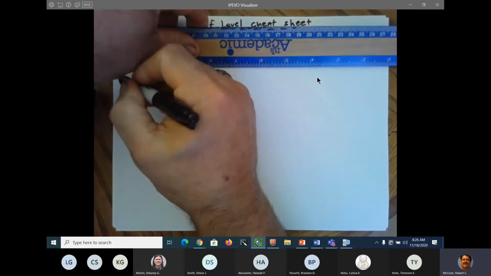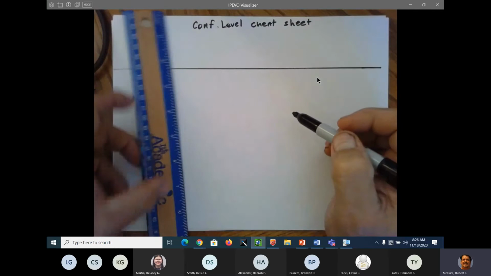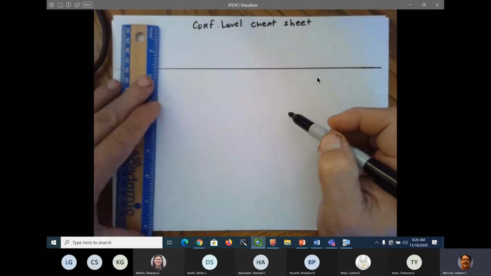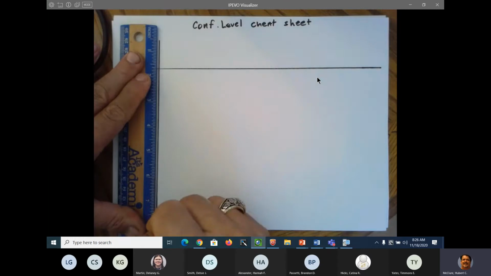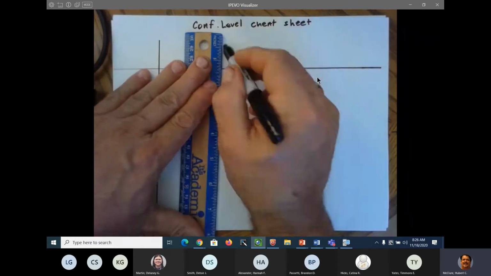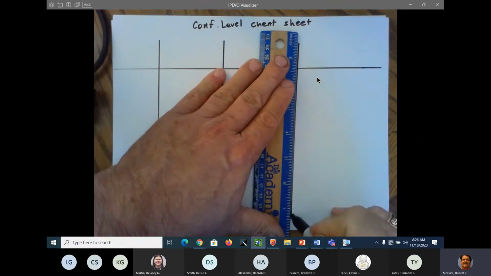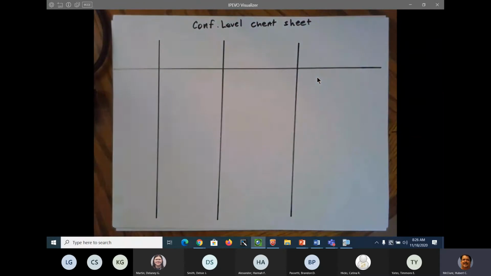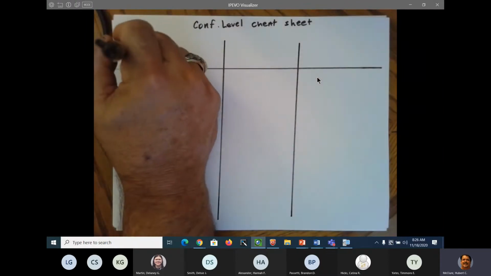So I'm going to just draw a header, and I'm going to divide. I'm limited on my space here, so 1, 2, 3, and 4. And of course, the first is going to be your confidence level.